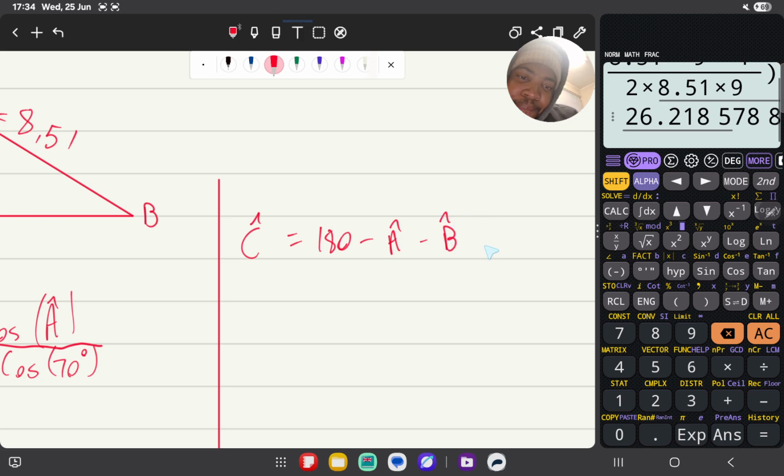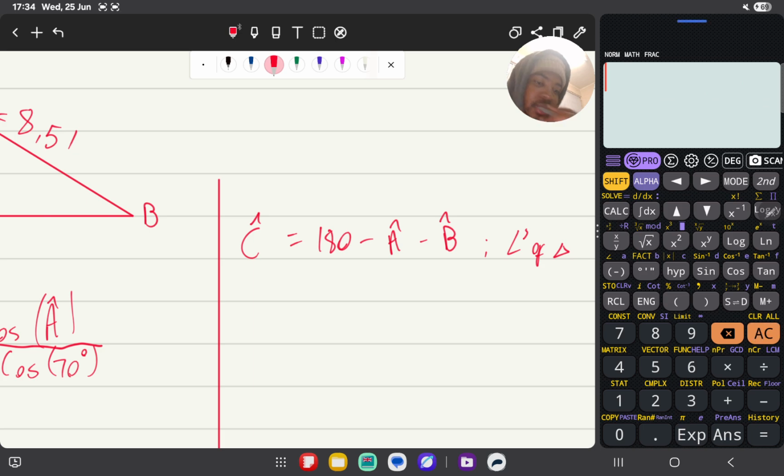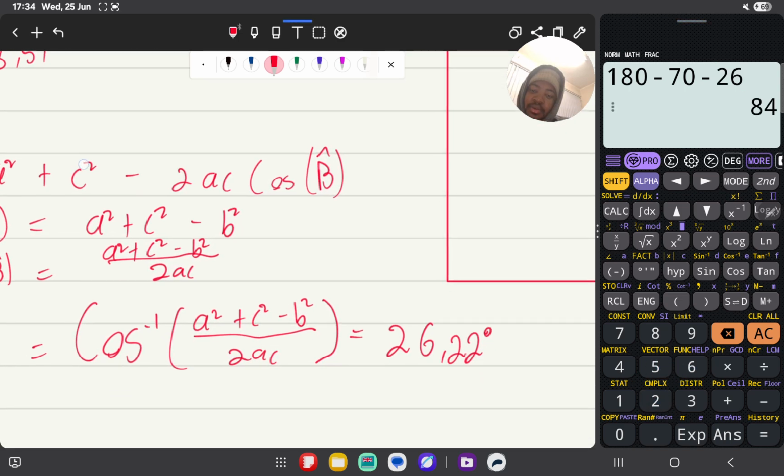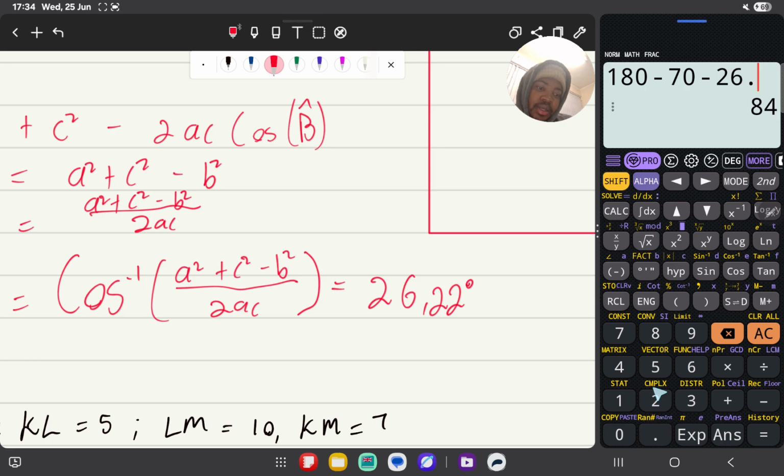The interior angles of a triangle add up to 180. So you go to the calculator. 180 minus A, which is 70, minus B, which we just calculated, 26.22, right?